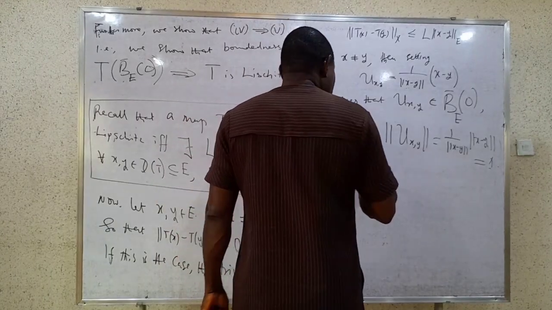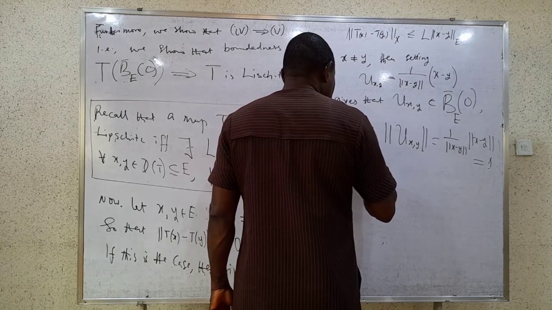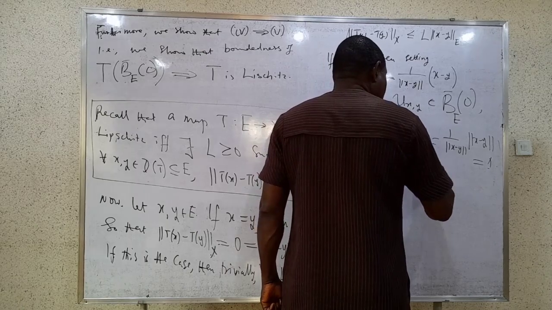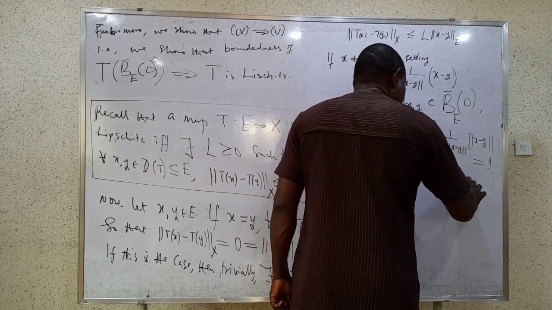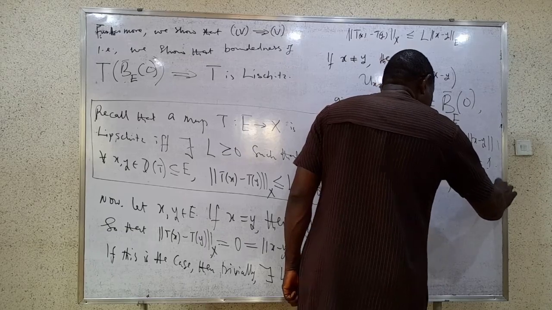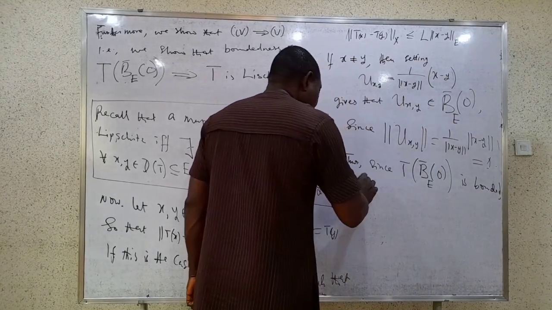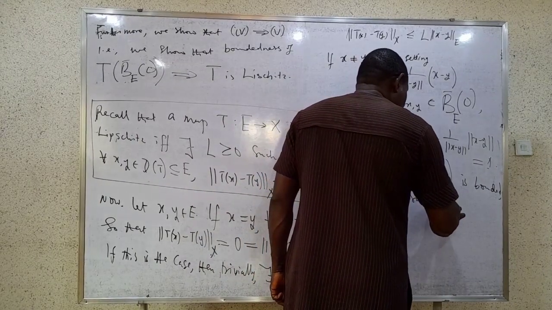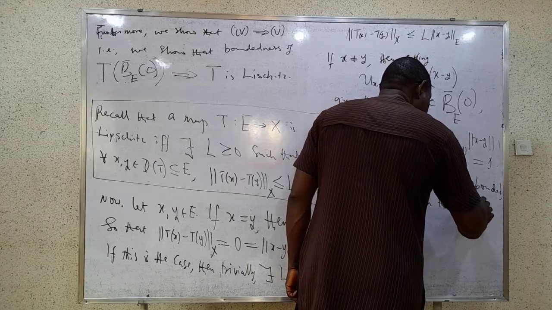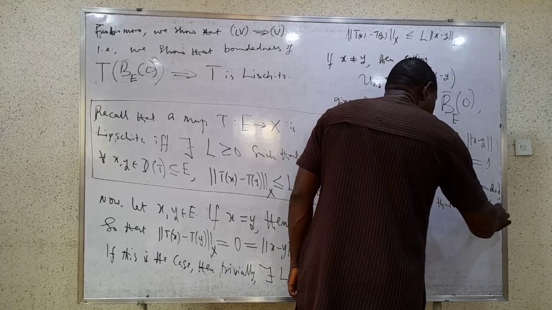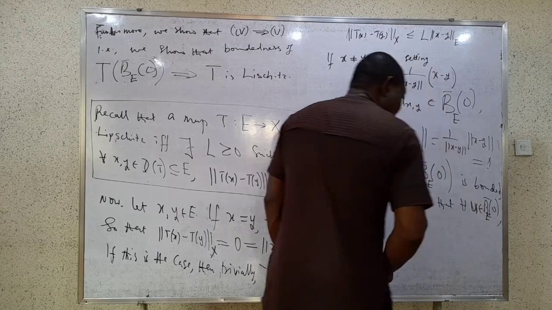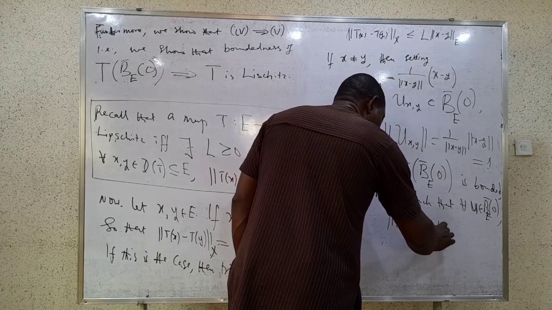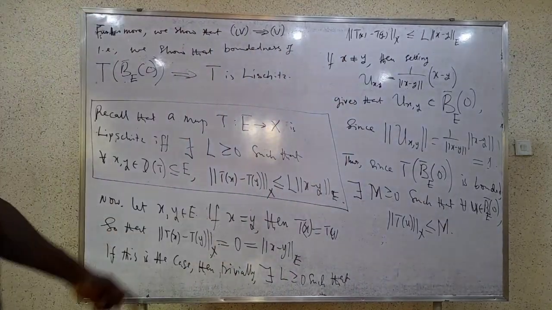Hence, since T of B(0,1) is bounded, there exists M greater or equal to 0 such that for any u we pick in B(0,1), norm of T of u is less or equal to M because it's bounded.